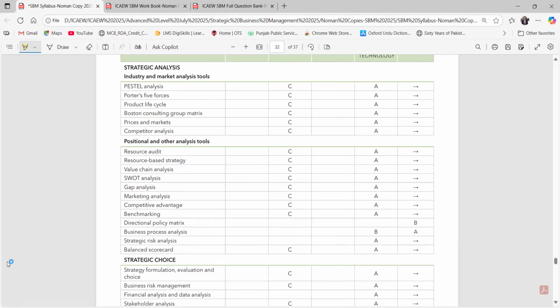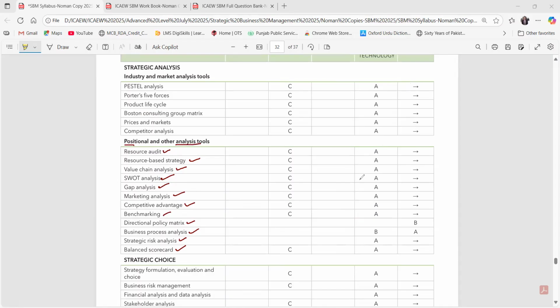Next, if we have to analyze our position, or deploy other analysis tools, again we have a lot of options, starting with resource audit, resource-based strategy, value chain analysis, SWOT analysis, gap analysis, marketing analysis, competitive advantage, benchmarking, directional policy matrix, business process analysis, strategic risk analysis, and lastly the balanced scorecard.